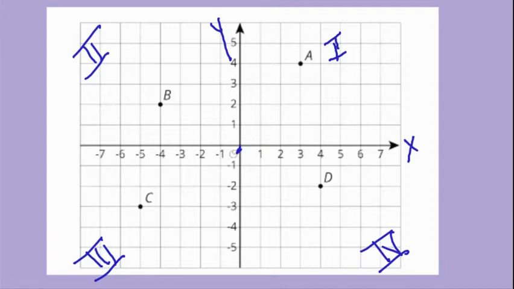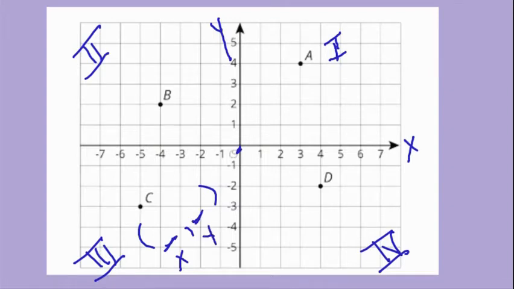To plot those points, you have to pay attention to what the x and the y values are, and how I can show that. If I am trying to figure out what point C is, that means I have to think about what my x and my y values are for point C. We're going to create our ordered pairs with parentheses, and your x value always goes first, y value always goes second.